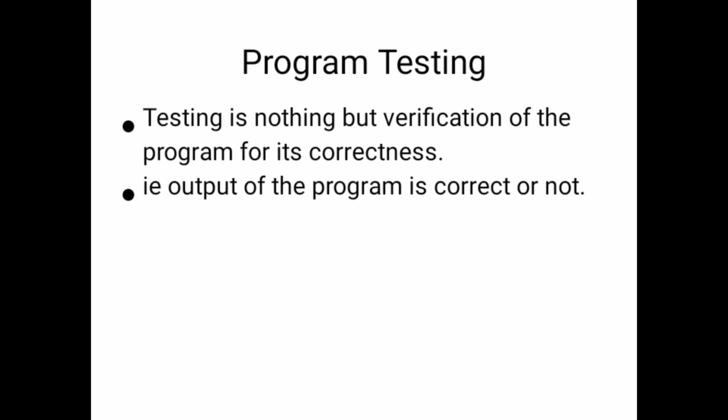Using different input values, one can check whether the desired output is obtained or not. Any logical errors can be identified by program testing. Usually, debugging is part of testing, and many debugging tools exist by which one can test the program for its correctness. Last is the documentation.